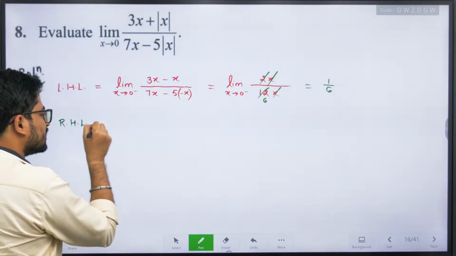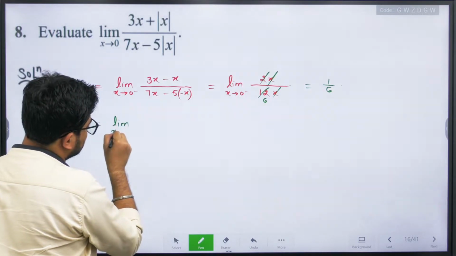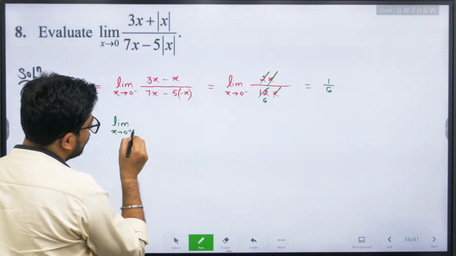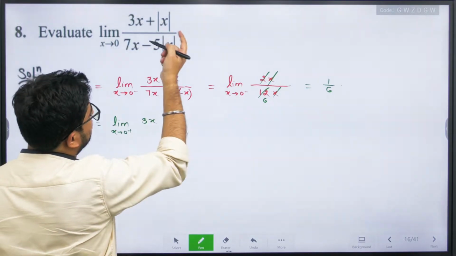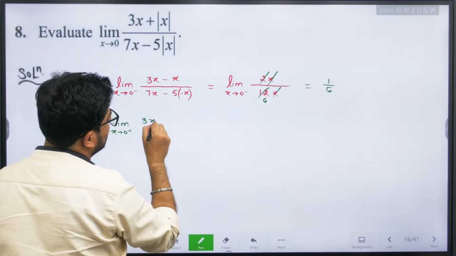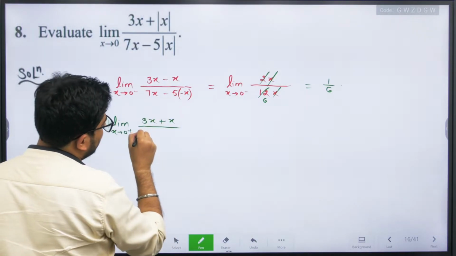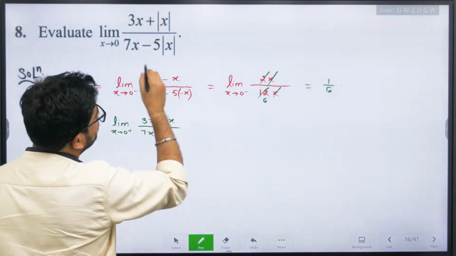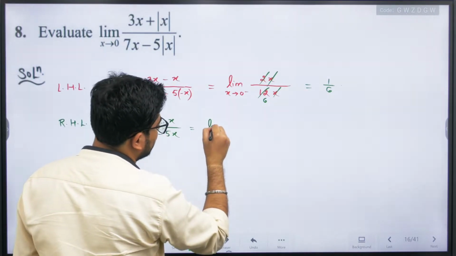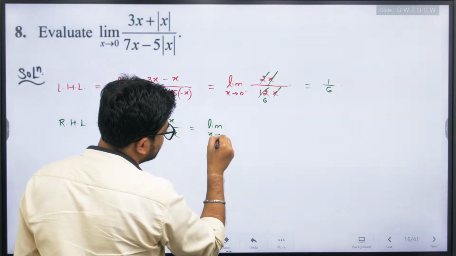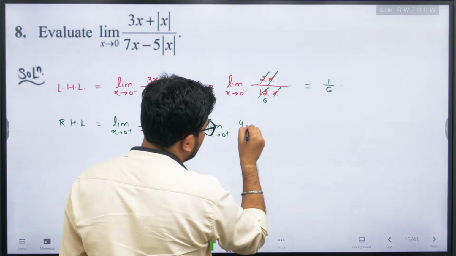So the right hand limit is the limit as x tends to 0 plus. Mod x opens with the plus sign now because x is positive, so 3x plus x divided by 7x minus 5 into x. So this thing is 4x by 2x.